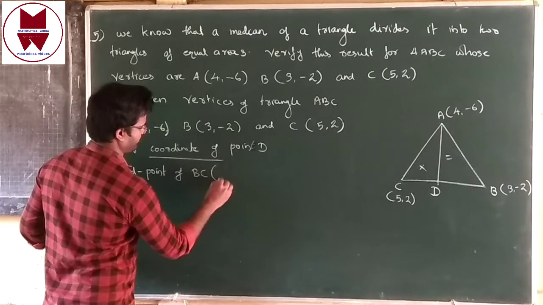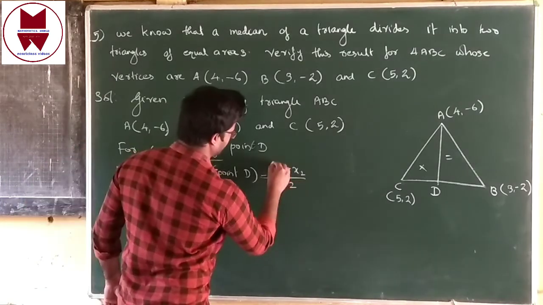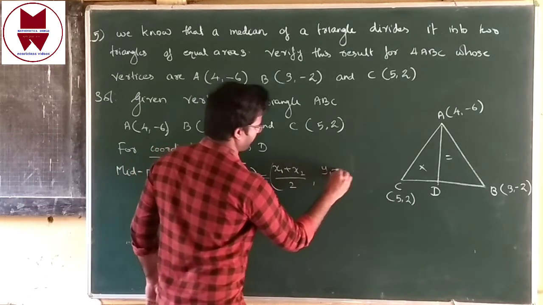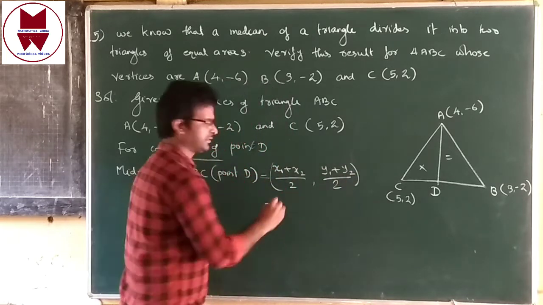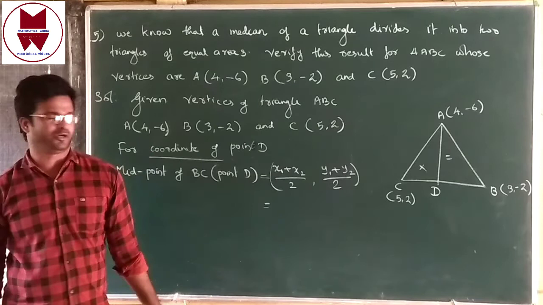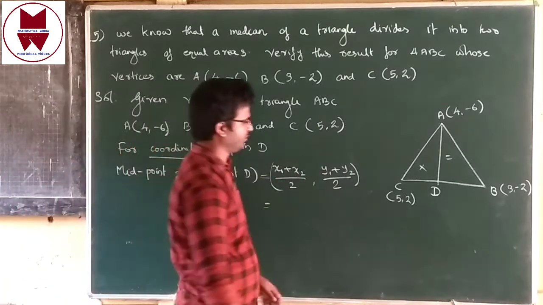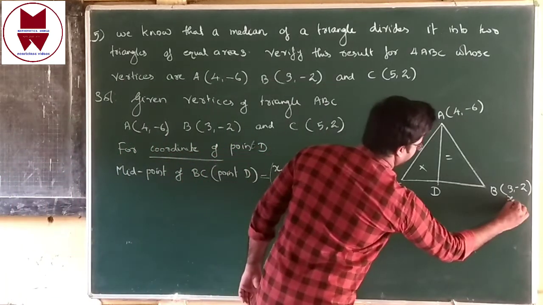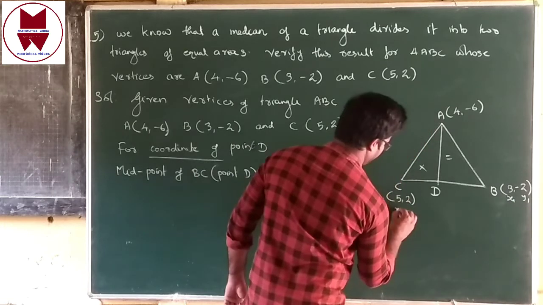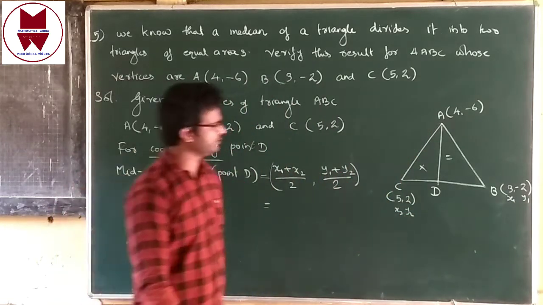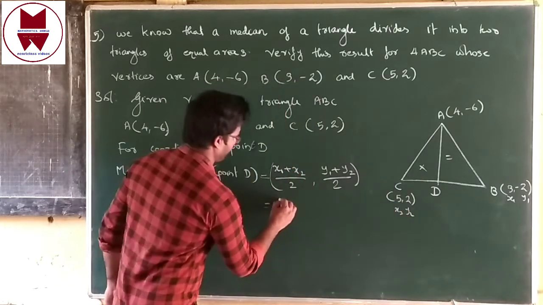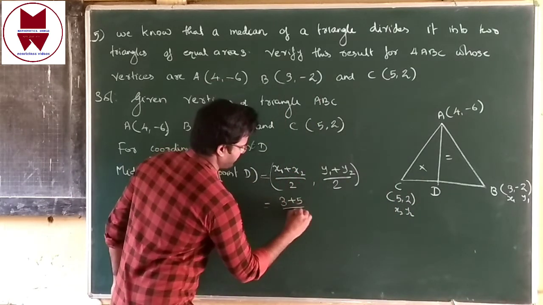We can write x1 plus x2 divided by 2, then y1 plus y2 divided by 2. This is the section formula to find out midpoint. We can consider this is x1, y1, second point x2, y2. Then x1 plus x2, that is 3 plus 5 divided by 2.